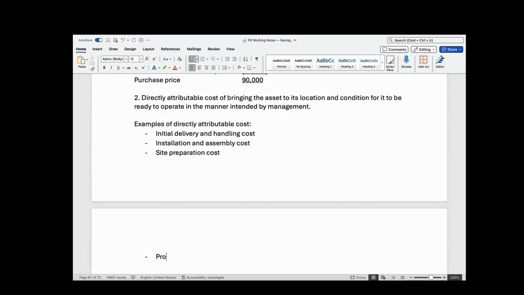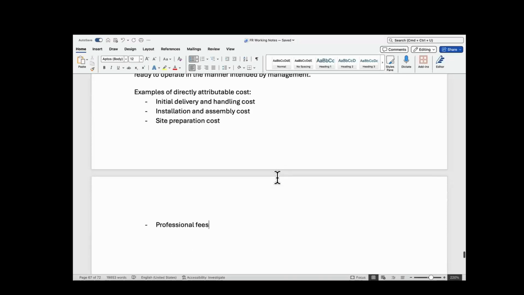If you need a professional lawyer or an architect to do something before the asset can be ready to operate, professional fees are also usually a directly attributable cost, whether architect fees or legal fees.